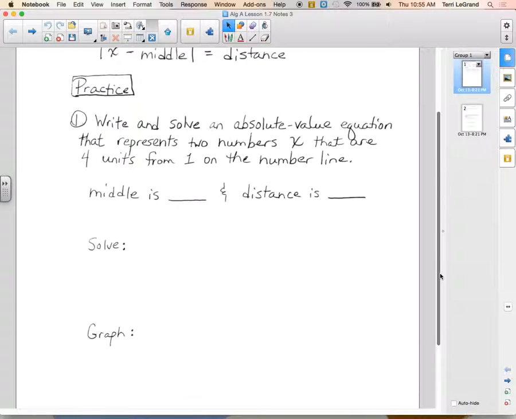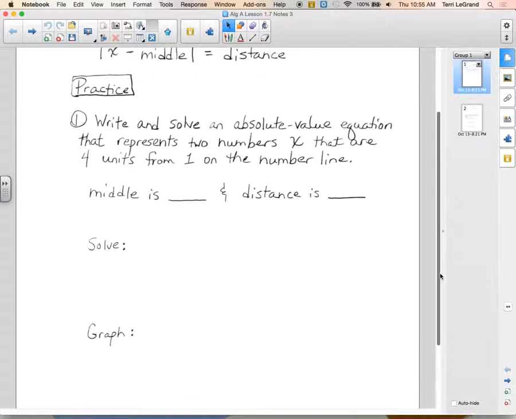So if we go 1, 2, 3, 4 to the right, we end up at 5. So that one is correct, isn't it? But if we go 4 units in the other direction from 1, where do we end up? Do we end up at negative 5? 1, 2, 3, 4, we end up at negative 3, don't we? So the two numbers that are 4 units from 1 are actually 5 and negative 3.